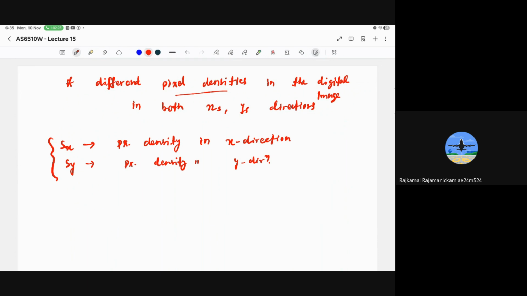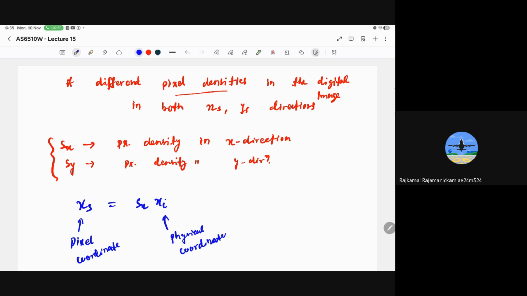So what I'm saying is you can write xs, which is in pixel coordinates, equal to Sx into xi. So this relates the x coordinate in the image coordinate system to the x coordinate in the pixel coordinate system. This is the physical coordinate and the pixel coordinates.